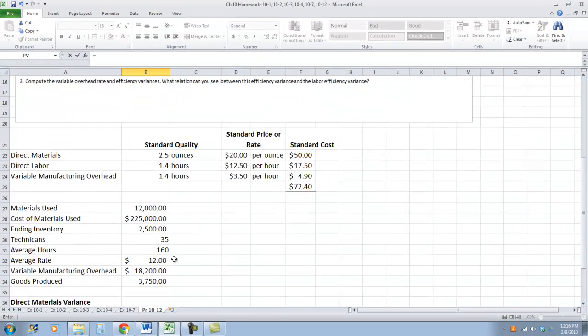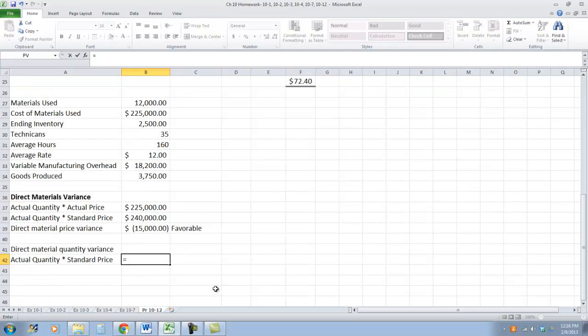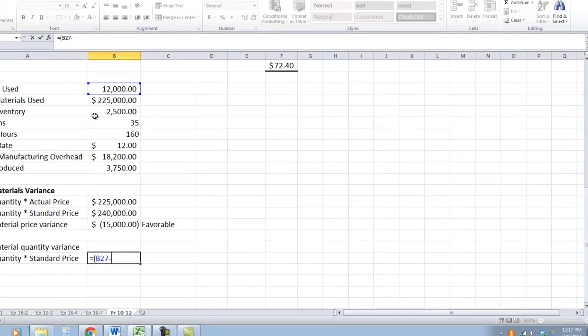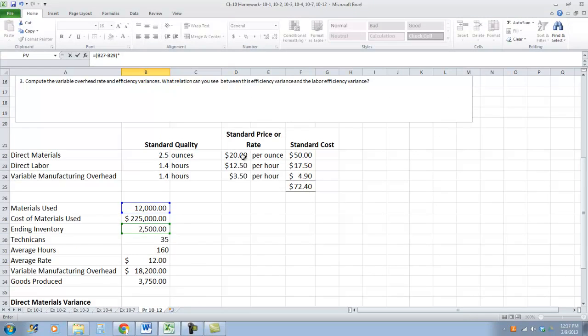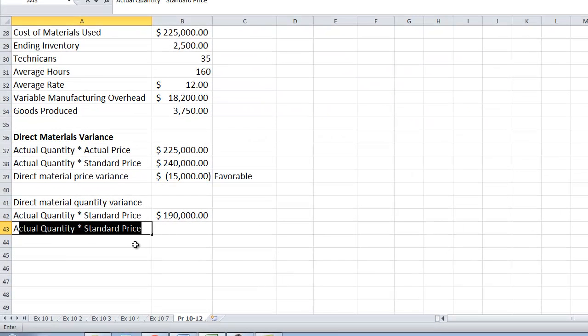The actual quantity is actual materials used in production, which is the 12,000 minus the ending inventory, times our $20 price. The reason we use actual materials used in production is that we need to figure out the production quantity variance.